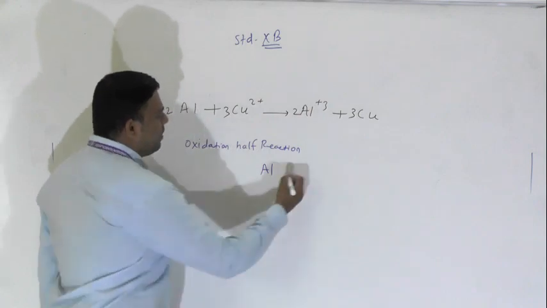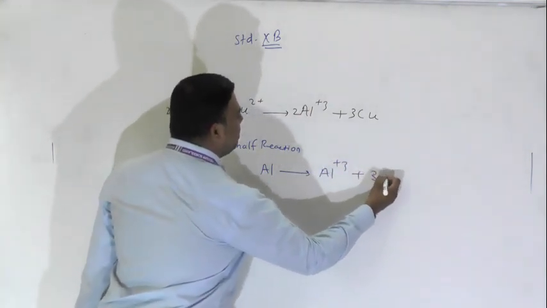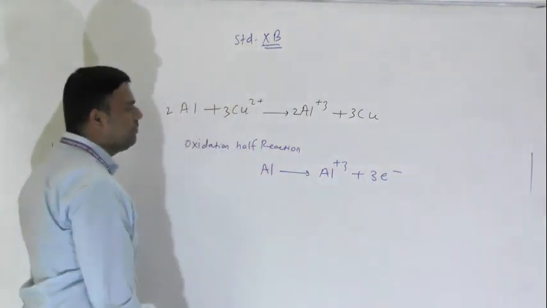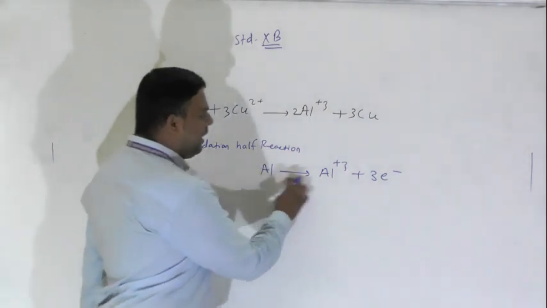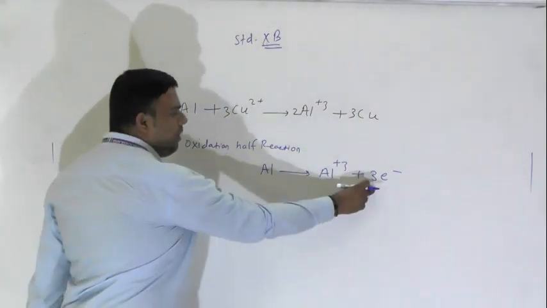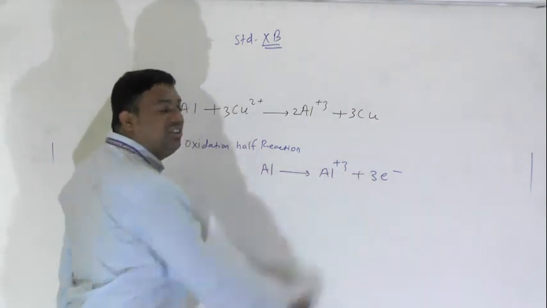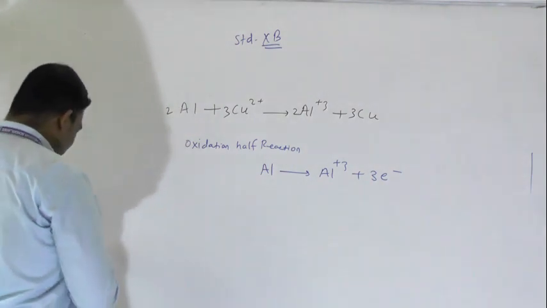So see here in that oxidation half reaction, how can we write this? Al gives Al3+ + 3e-. How will this 3e- come? To balance the charge. So see, our reaction is balanced here.